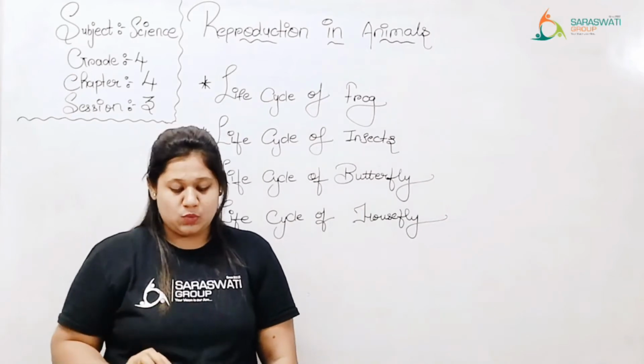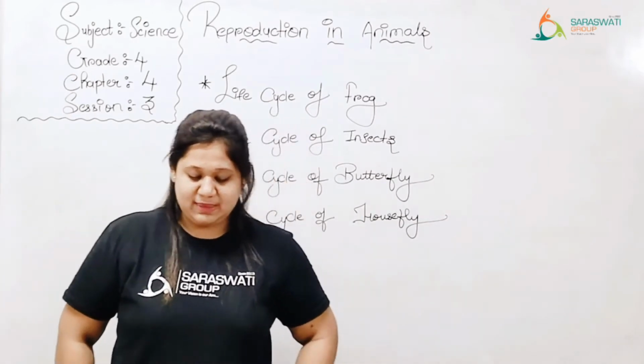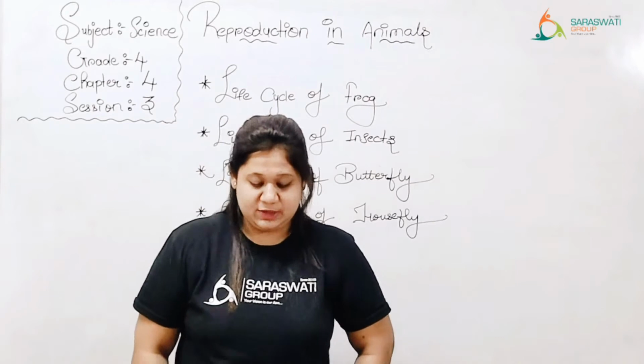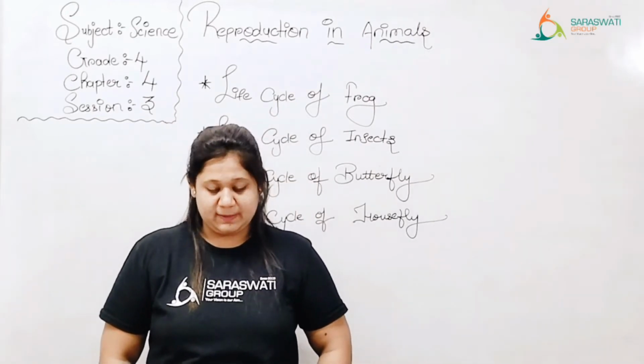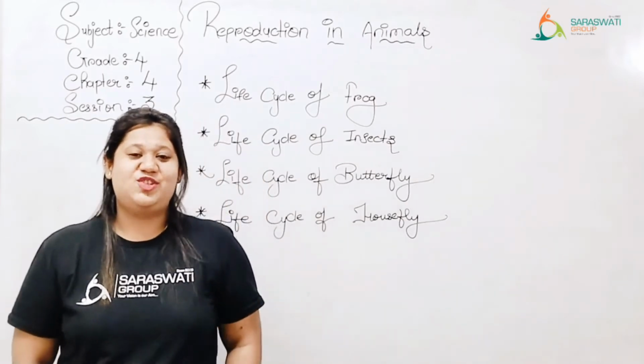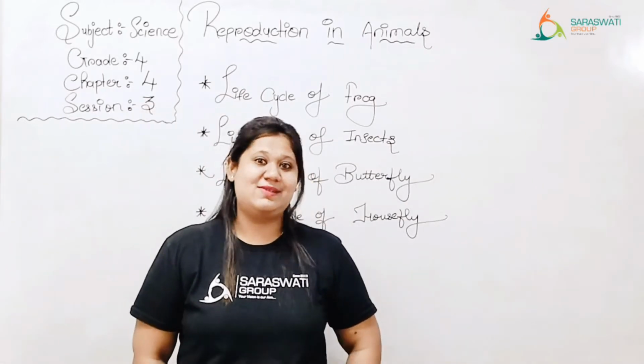The embryo goes through various stages, and when the chick is fully developed, it breaks the shell and comes out of the egg. This process is hatching, as I showed you in the picture in the last session.